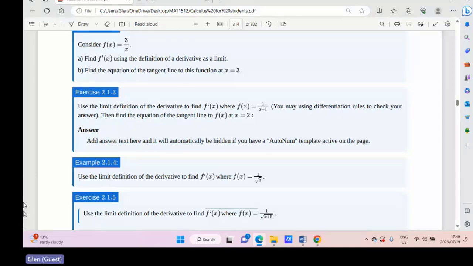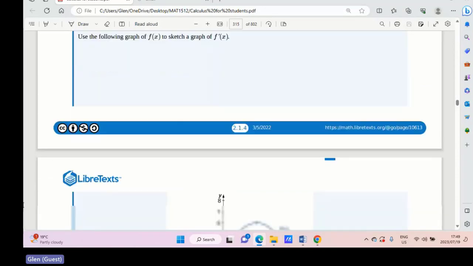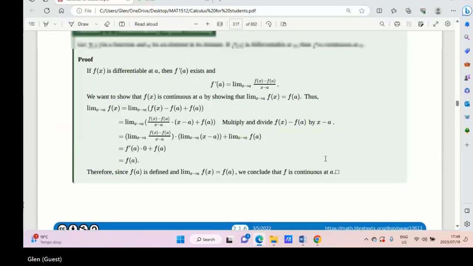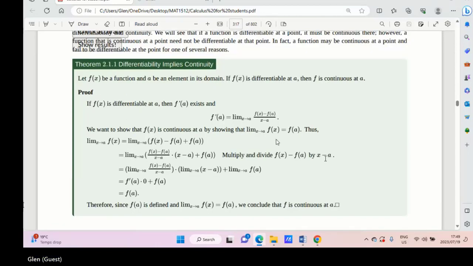There is another theorem. Okay, we're going to talk about it. This is the theorem. Theorem 2.1.1. In this theorem, they are saying differentiability implies continuity.